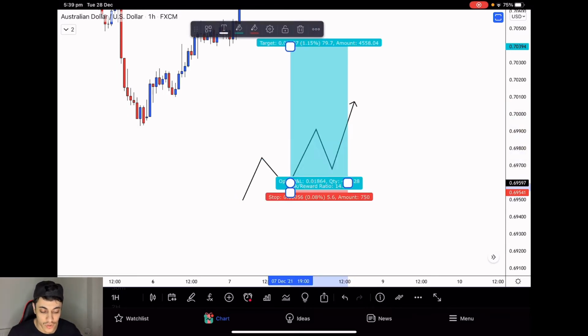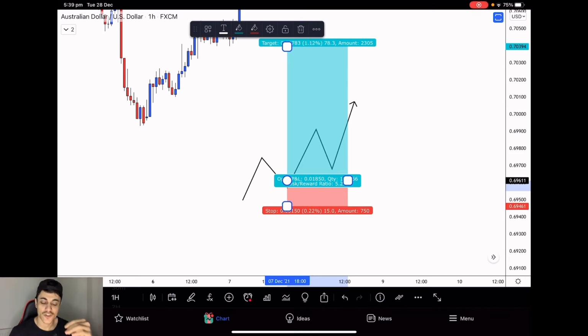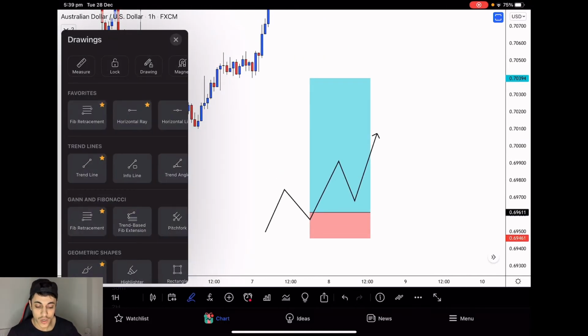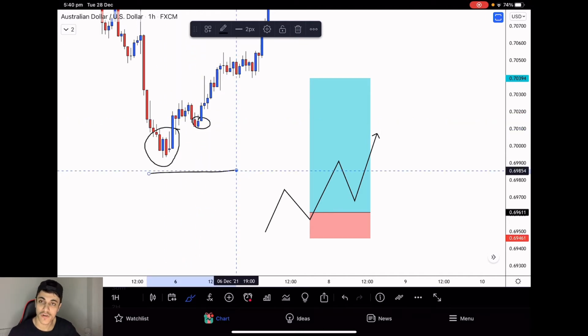Your stop loss needs to be below a previous structure point, right? So you look to the left. Where is structure point? In this case, we have it right here. This is our previous structure point, and this is our entry. So that's where your stop loss should go.